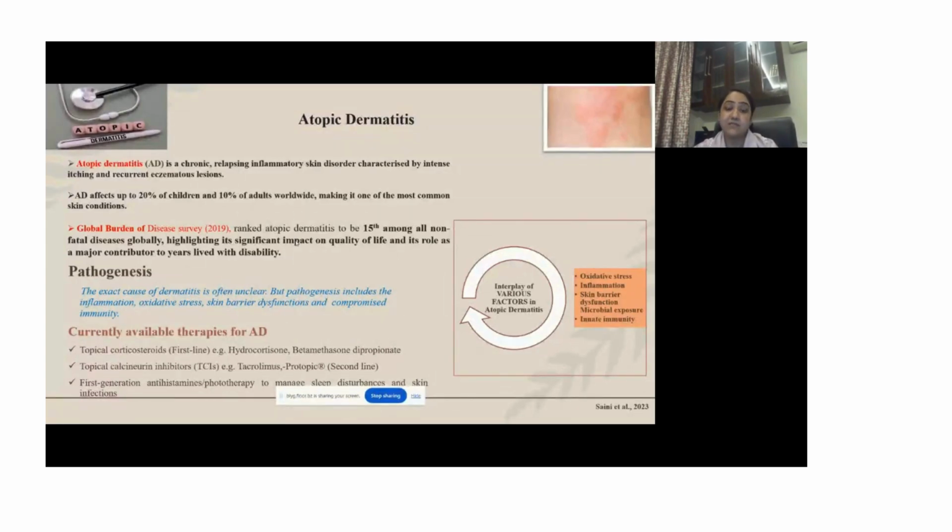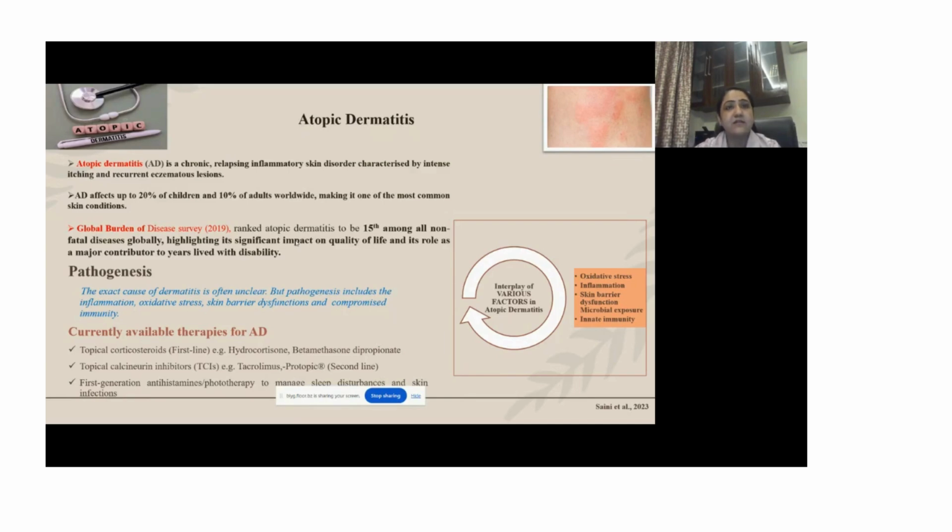its role as a major contributor to years lived with disability. In terms of pathogenesis, the cause of dermatitis is still unknown, but some factors include inflammation, oxidative stress, skin barrier dysfunction, and lastly compromised immunity. There are a number of therapies available for atopic dermatitis.